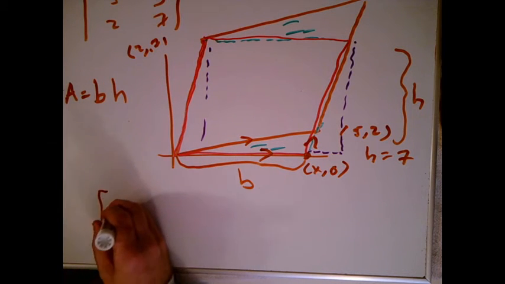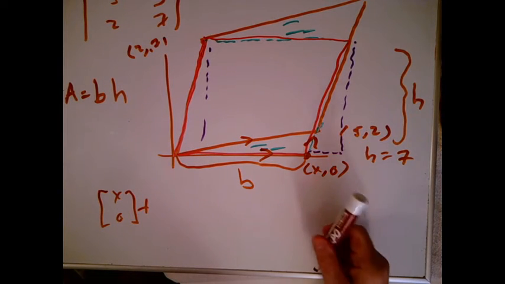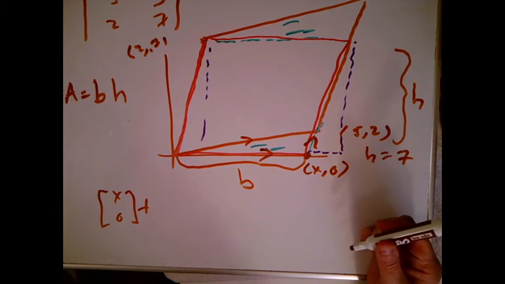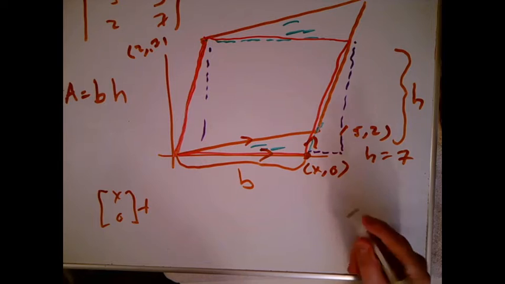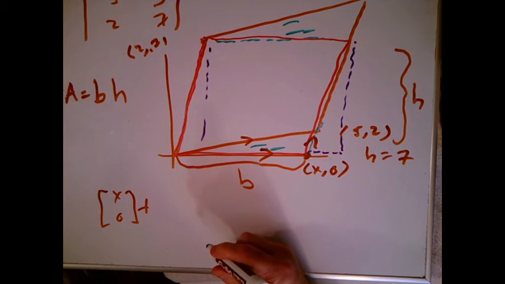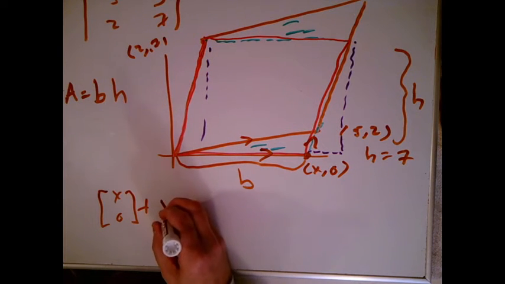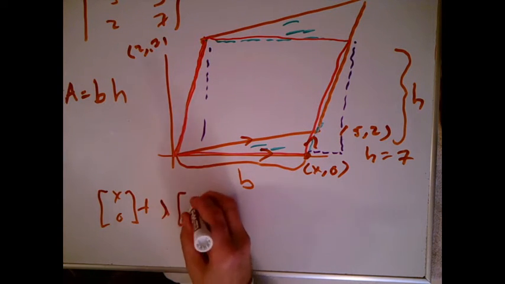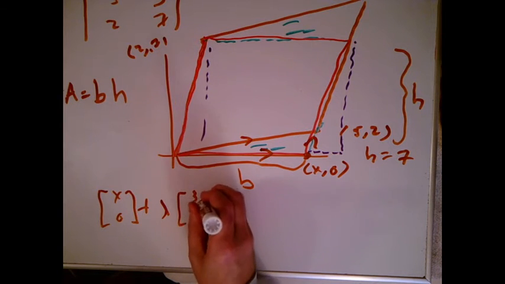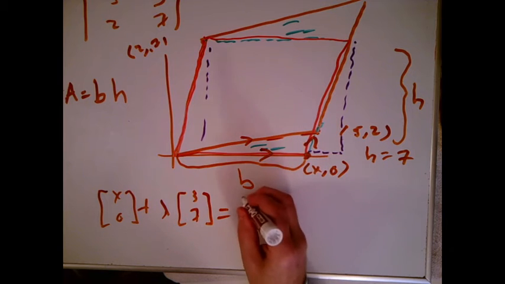So I want the vector x0 plus this little vector over here. Well, what do I know about that little vector? Not a whole lot, except this little vector here is parallel to the vector 3, 7. And being parallel means it's a multiple of, so I'm going to write some multiple of 3, 7 equals the vector that starts here and ends here, that's 5, 2.